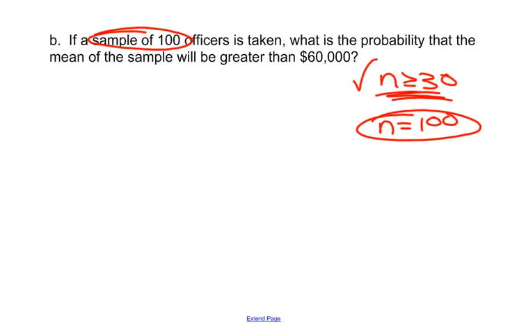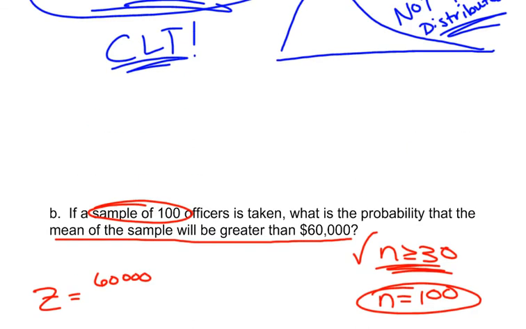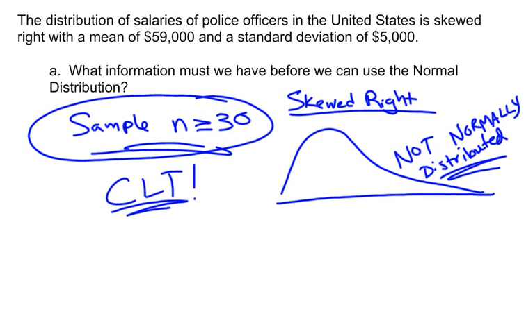So we can go back now and do our z-score and find our probability of this happening by using the normal distribution. So we've got a sample of 100, and we're worried about a sample mean being greater than 60,000. So our z-score is going to be 60,000 minus mu, and mu I believe was 59,000.